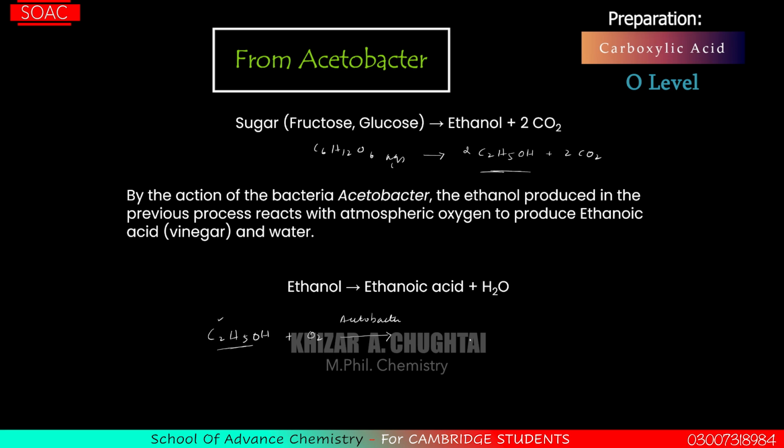Two carbon alcohol will change into two carbon acid, that is ethanoic acid, plus H2O is formed. That is the second process to synthesize ethanoic acid or vinegar.